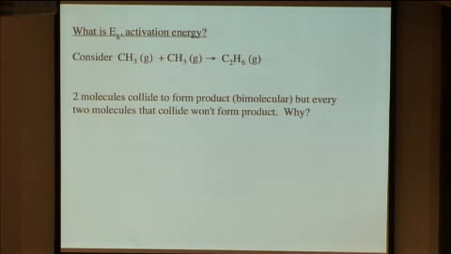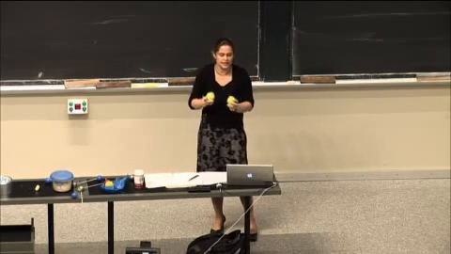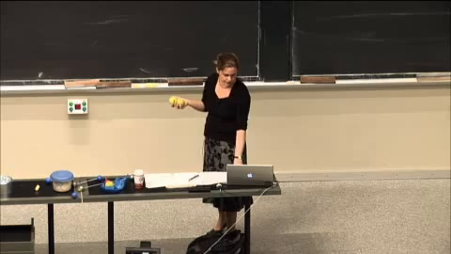You're only going to form a product when those molecules have a critical amount of energy, the energy which allows them to react, that activation energy. If they have enough energy when they come together, they will go on and form products. So that's what activation energy is. It's this critical amount of energy that they need to react with each other.